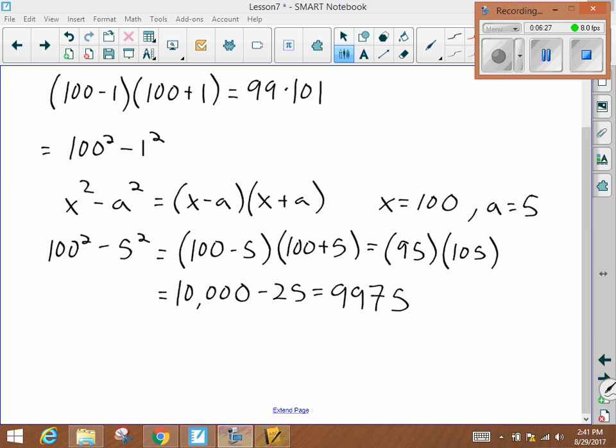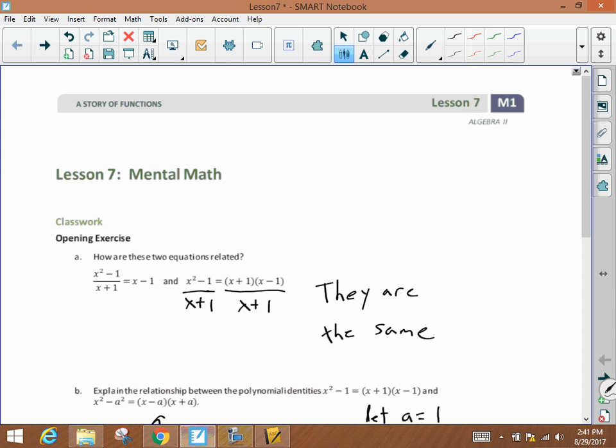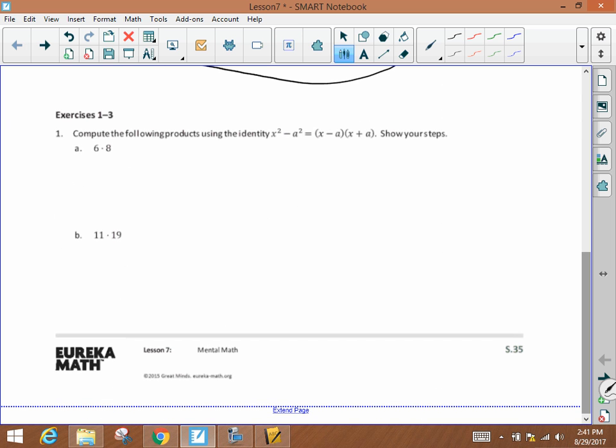So now that that groundwork is laid, let's go ahead and try some problems. We can get back over here. We're going to compute these products using the identity, that identity, difference of squares. How are we supposed to do that? If we look at this 6 and 8, we have to think, what number are 6 and 8 the same distance away from? 7 is correct.